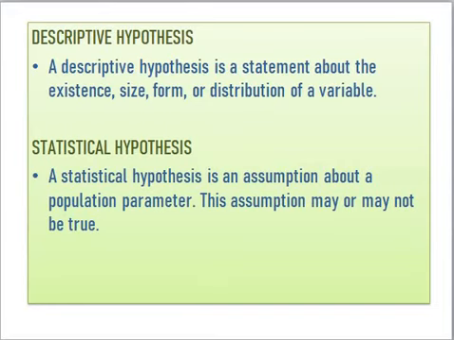For example, a statement like the population mean is equal to 10. Here we are giving a variable, and that variable will be equal to some other thing. So that is a statistical assumption or statistical hypothesis. It may or may not be true.